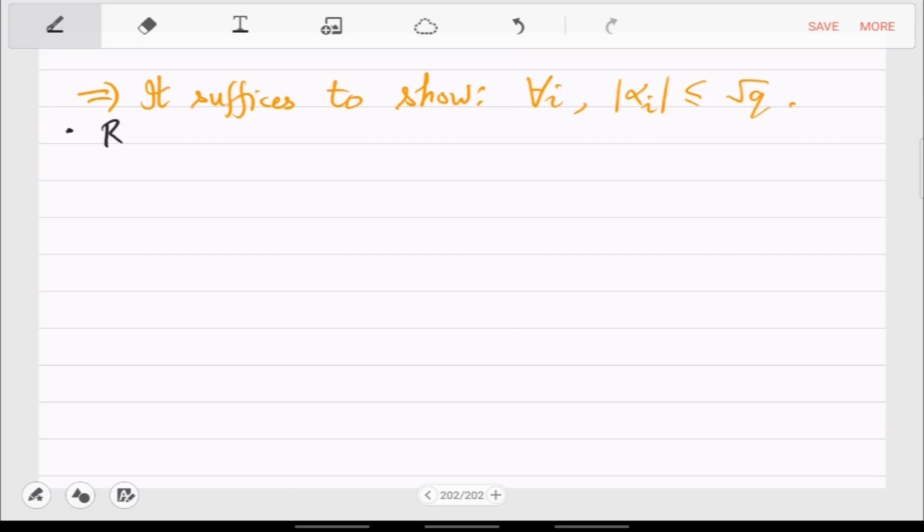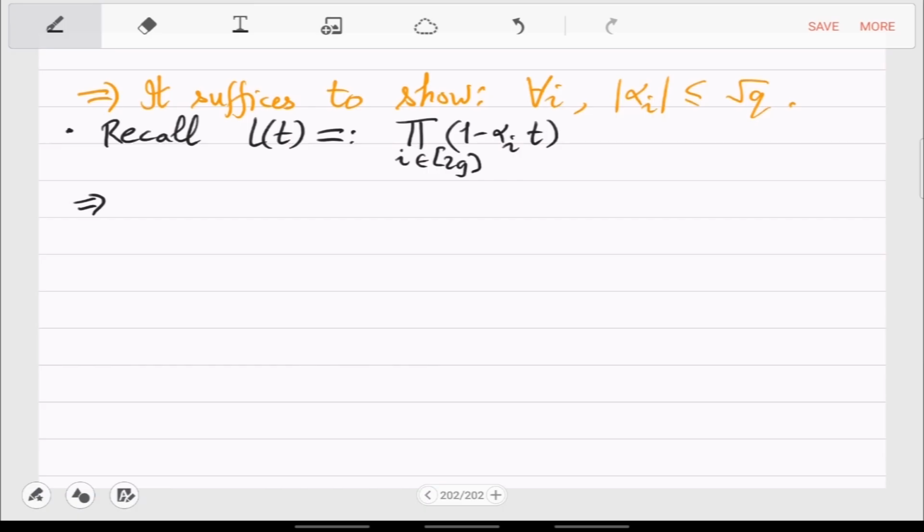So recall that the L function factors as a product over the alpha i, which are the inverse roots. Okay, so let's take a log of this.